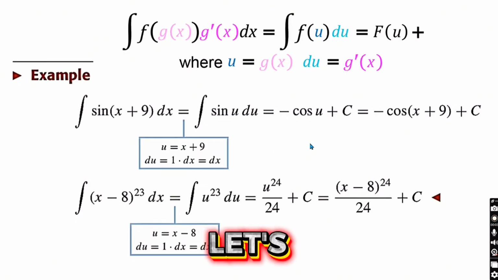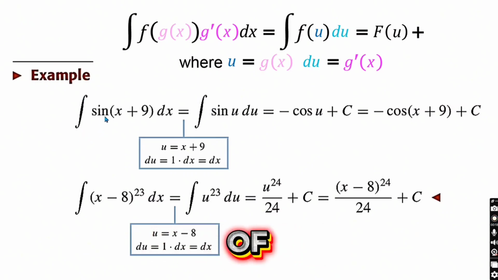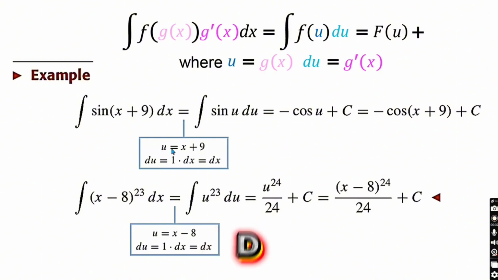Got it? Let's apply the substitution rule for integration, also known as u-substitution. So given the antiderivative or indefinite integral of sine of the quantity x plus 9 with respect to x, what we're going to do is let u equal x plus 9, and we will find the derivative, du over dx.